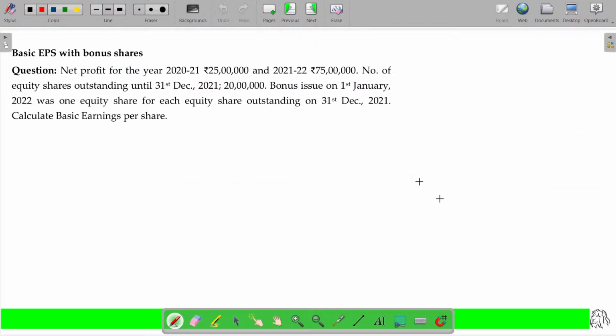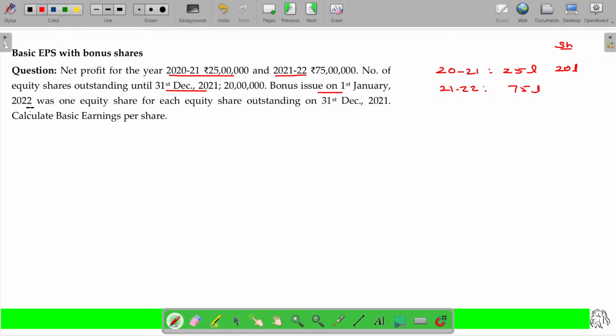Next, basic EPS and bonus shares. Net profit for the year 2021, 25 lakhs, and 2022, 75 lakhs. Number of equity shares outstanding on 31st December 2021 being 20 lakhs.